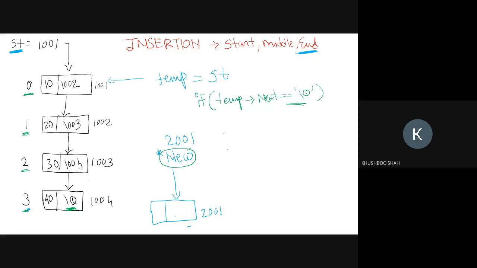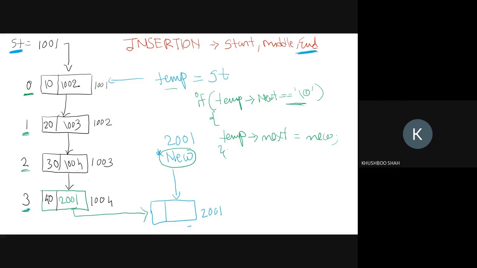So whatever my temp is, the temp next, in this case if it is equal to null, temp next is equal to new, right? After this statement I'll get 2001 over here, and this node will point to this.